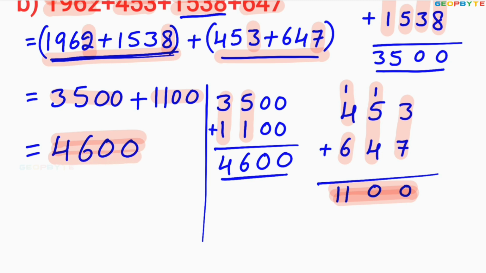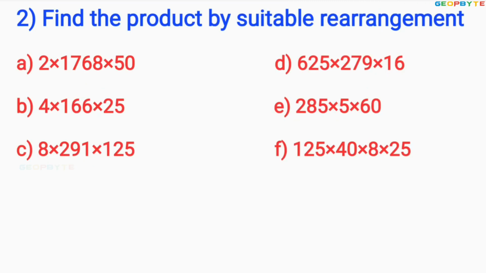Now let us move to the second problem. Look at the second one. Find the product by suitable rearrangement. For this also you can go for rearrangement of the numbers. Bit A, 2 into 1768 into 50.